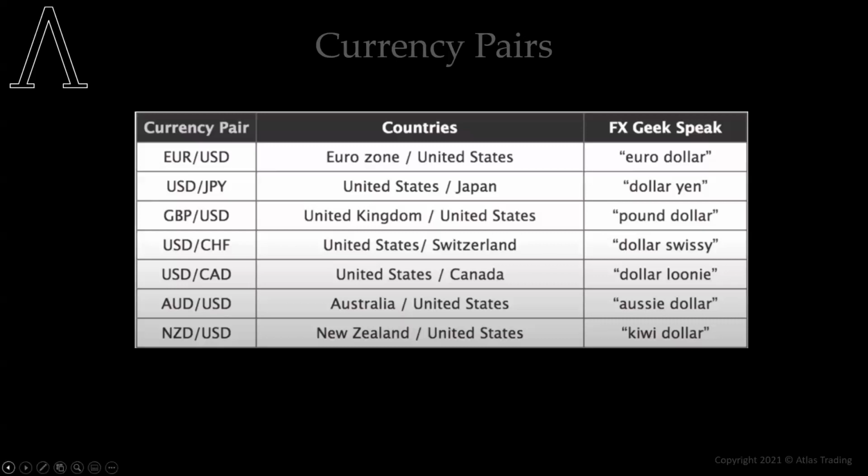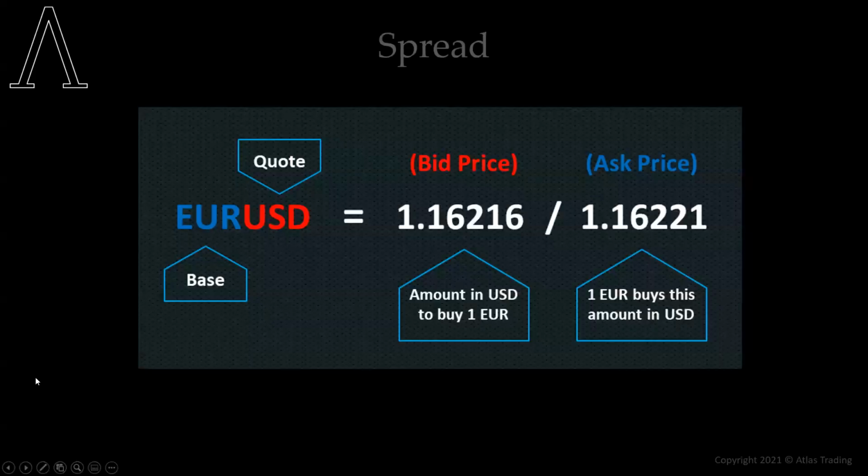But yeah. Next one, spread. You quickly see when you log into your MT4 or TradingView how different currencies are quoted. On the left hand side we have the base currency. That's always whatever you want to buy or sell. In this case, the euro is always the base currency against any pair whatsoever.